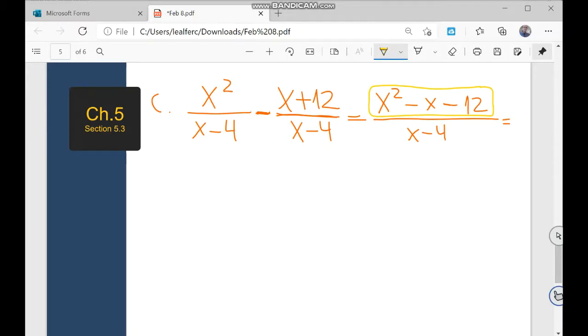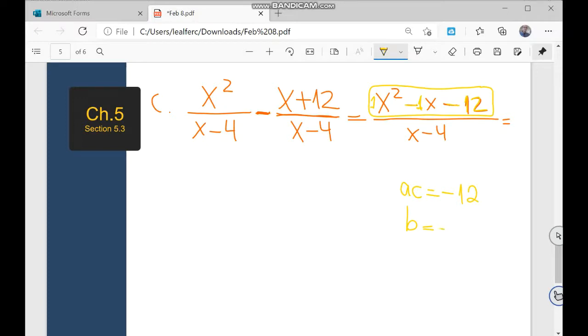One of the techniques, the AC method, is how we factor this kind of problem. So x squared minus x minus 12: we have a equals 1 times c equals negative 12, 1 times negative 12, negative 12. And b equals negative 1.